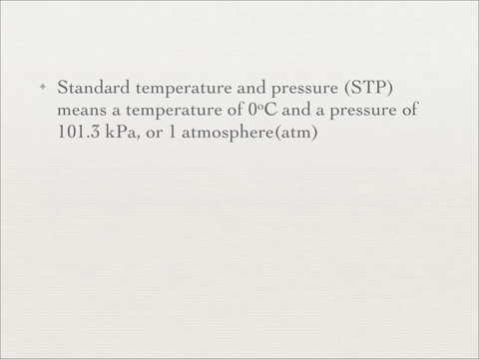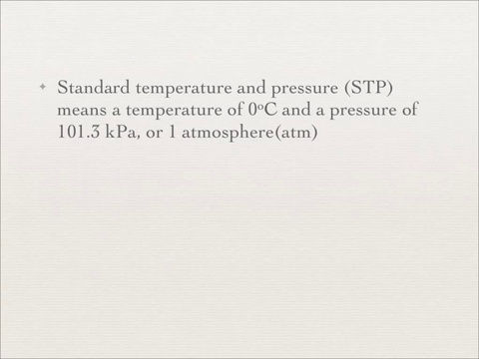We talked about standard temperature and pressure. This is something that you should know, probably write this down. Standard temperature means 0 degrees Celsius, and a pressure of 101.3 kPa, kilopascals, which is the SI term for pressure. The old term was 1 atmosphere.